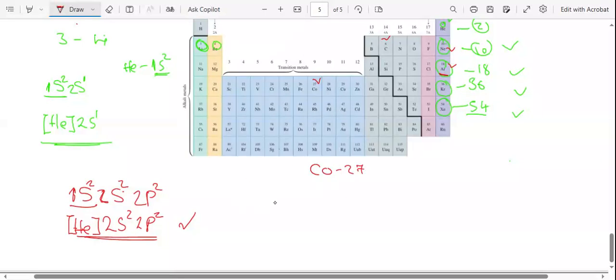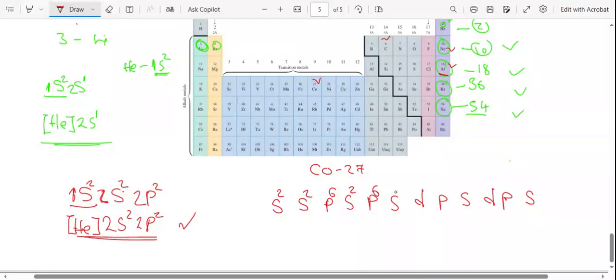So what I'm going to do is I'll say 1s, 2s, 2p, 3s, 3p, 4s. Again, you repeat the pattern: 3d, 4p, 5s, 4d, 5p, 6s. I know this pattern, you repeat it, then you know 27 will be scattered there because a lot of orbitals will be occupied. So we'll say 2 there, 6 there, we have 10, 2 there, we have 12, 6 there, we have 18.